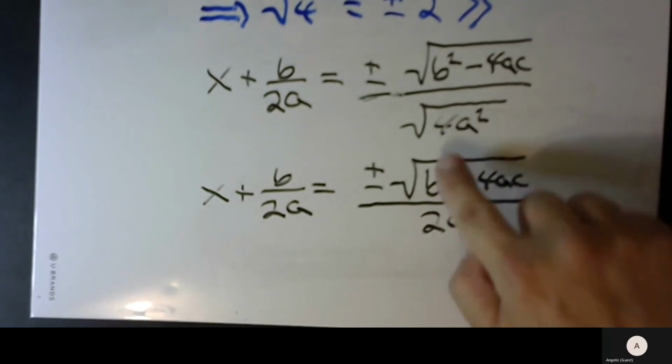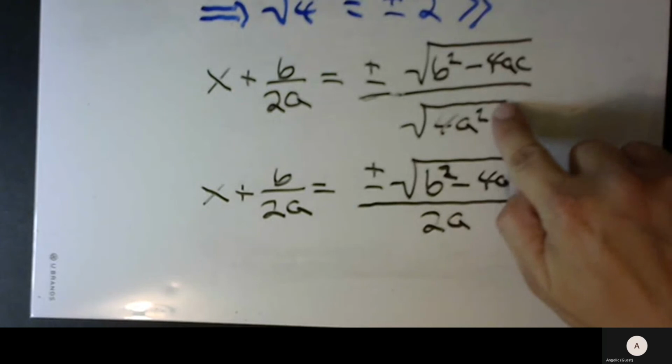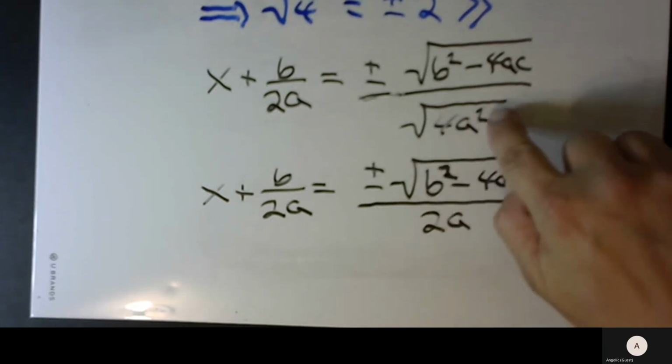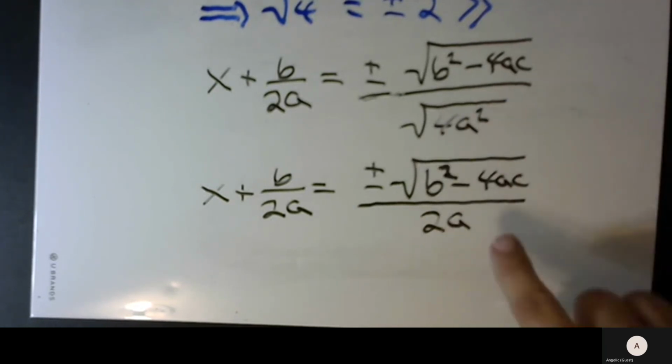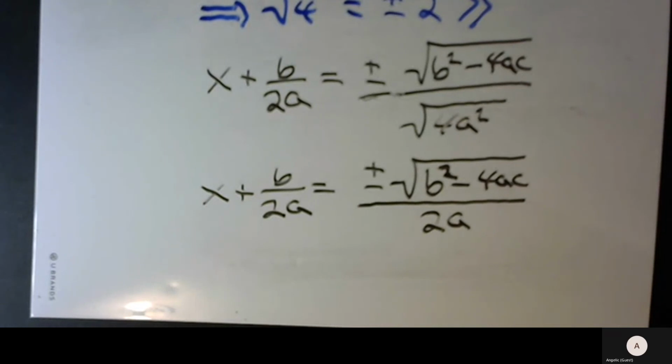We'll take the square root of 4, which is going to be 2, and the square root of a squared. Well, the square root and the square are opposite, so they'll cancel. You just have the 2a. Questions about that?